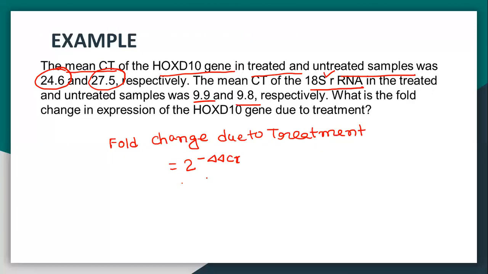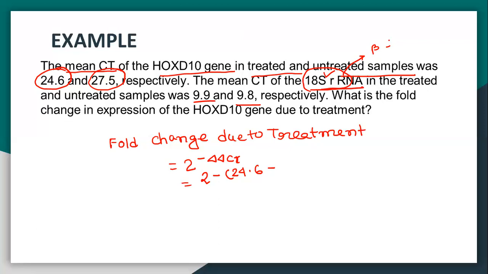Now first, for the treated sample, 2 to the power minus the CT value of the Hoxd gene in treated and untreated samples, so here 24.6 minus the internal control. Internal control is generally a housekeeping gene like beta actin, used as a reference in every experiment. Here the 18S rRNA is the internal control.